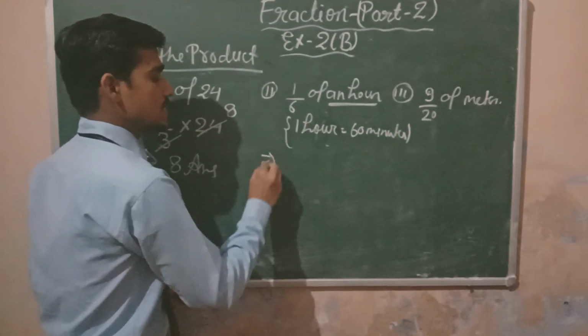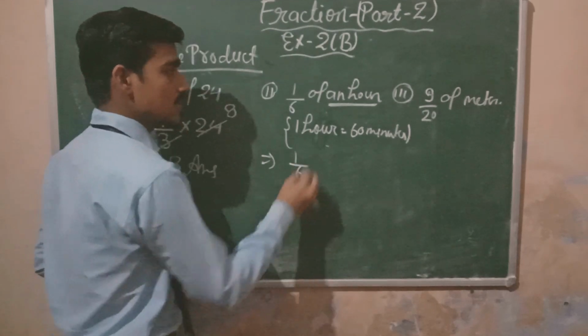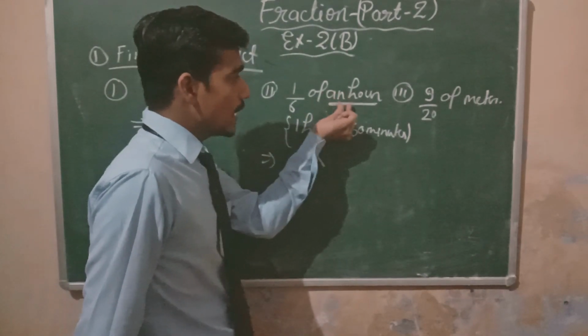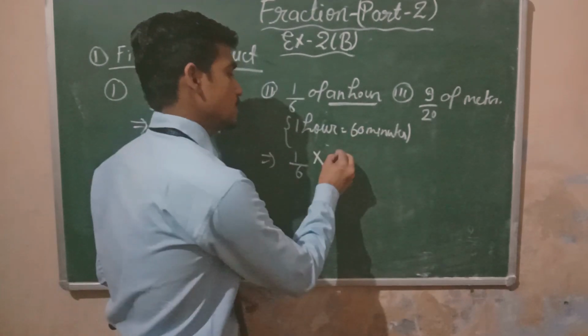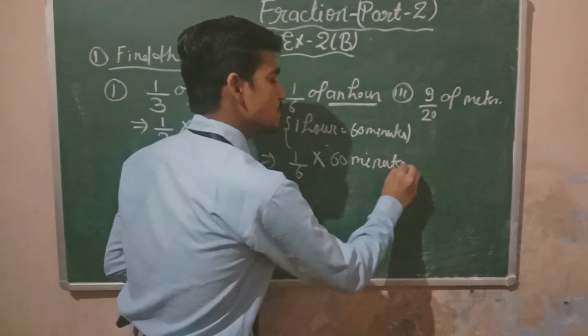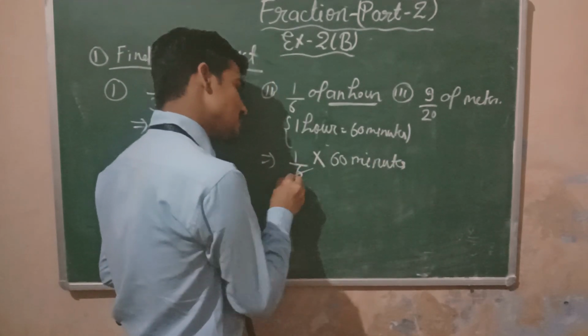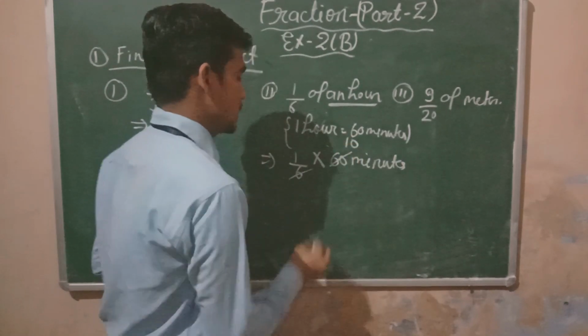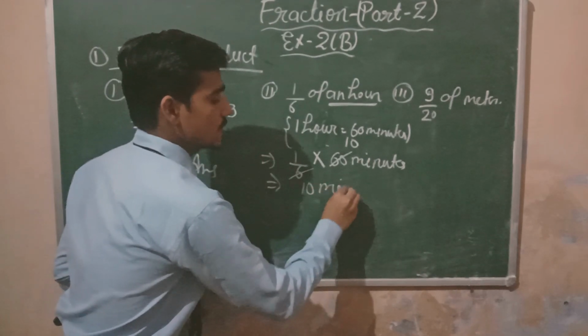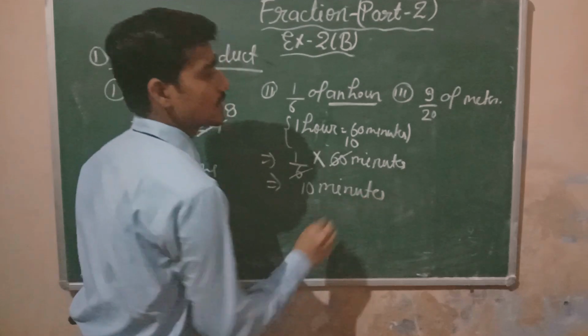That's why we will write here 1 by 6 of, and an hour is equal to 60 minutes. 6 10s are 60, and you will write here 10 minutes. This is your answer. Clear?